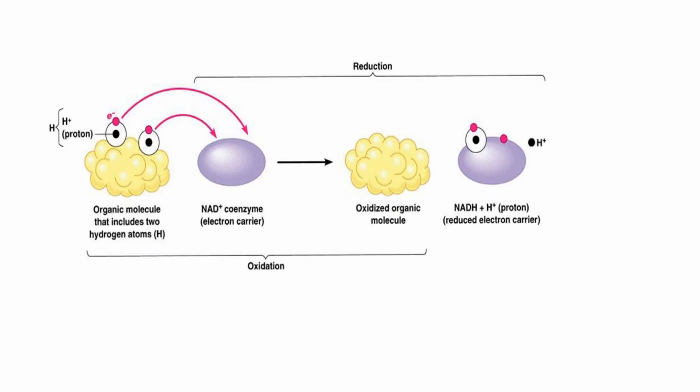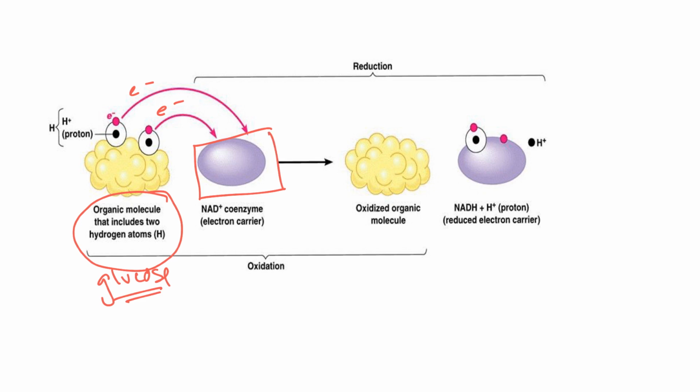So here's a little cartoon that's going to help me realize that, right? So here's my organic molecule. I could think of this as glucose, or I could think of this as some other food that I'm using as fuel. And so what you're going to see in just a minute when I explain this is some electrons being ripped off and temporarily being carried on this NAD coenzyme.